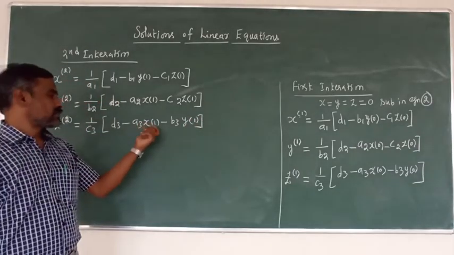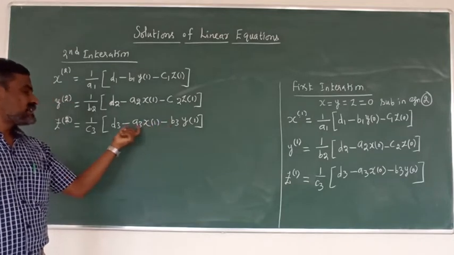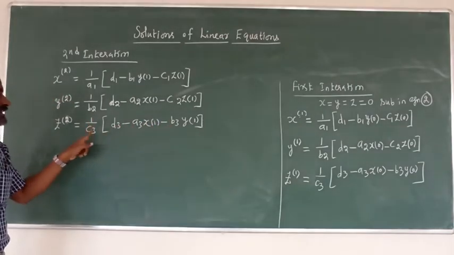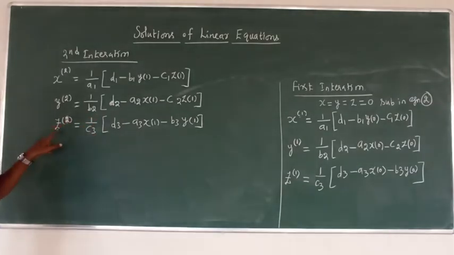Now substitute the x1 value and y1 value here, simplify, and divide by c3 to get the second iteration result of z.